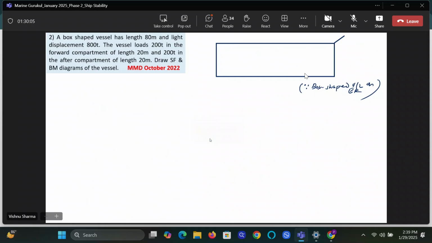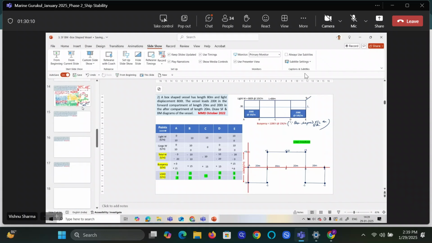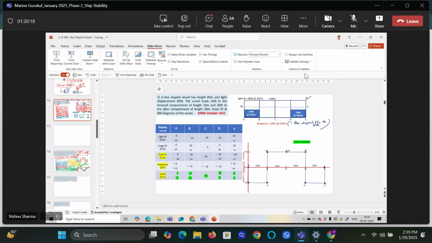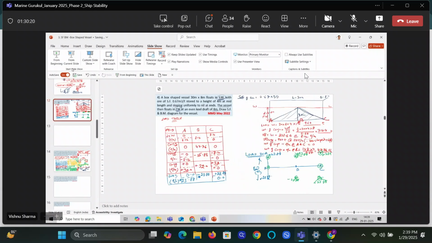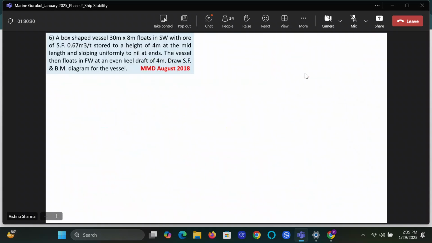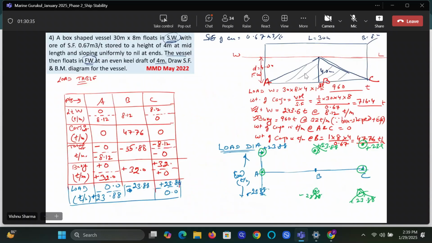So when the cargo graph is a slanting straight line and the other 2 graphs are straight, the resultant will be slanting straight lines.